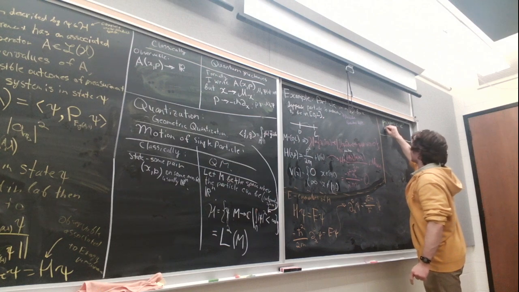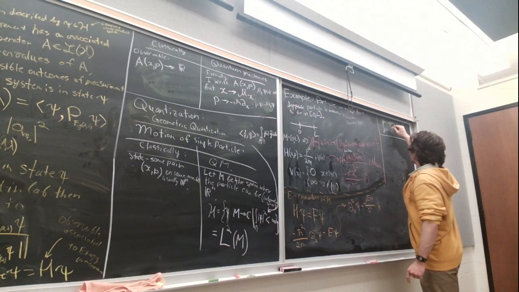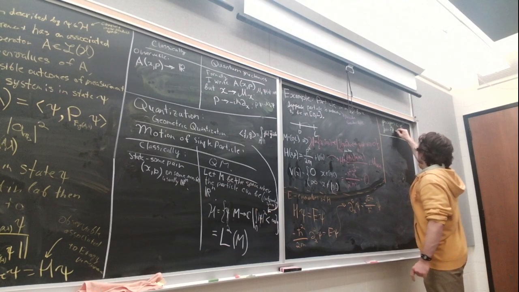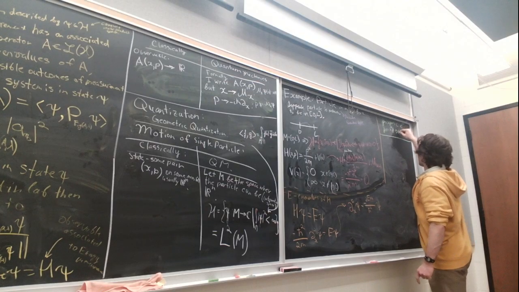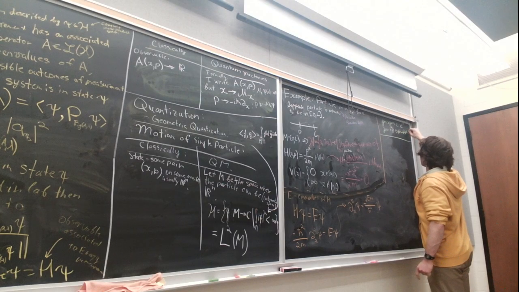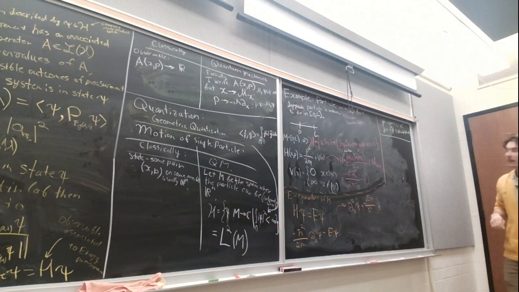And if you had f double dot of t is equal to lambda squared f, then the solution is a sine lambda t plus b cosine lambda t. Physics just made a lot more sense.